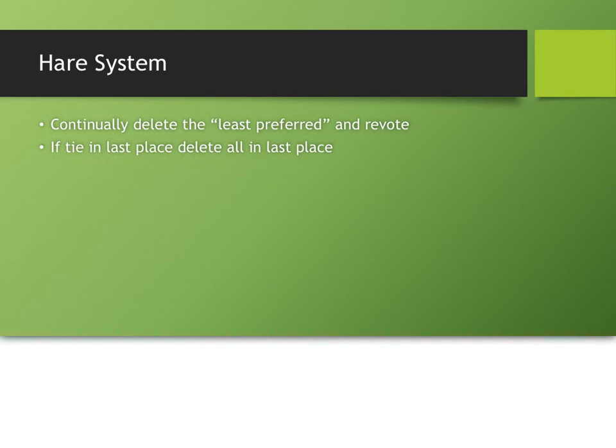Then when I say revote, I'm not saying you actually have to physically go into the polling booths again and revote, but just that the ranking system gets changed once you vote. All right, and if there are any ties, then you're going to delete everybody in last place. If there's a tie for two people at the top, then you need to break that tie with some other method. Okay.